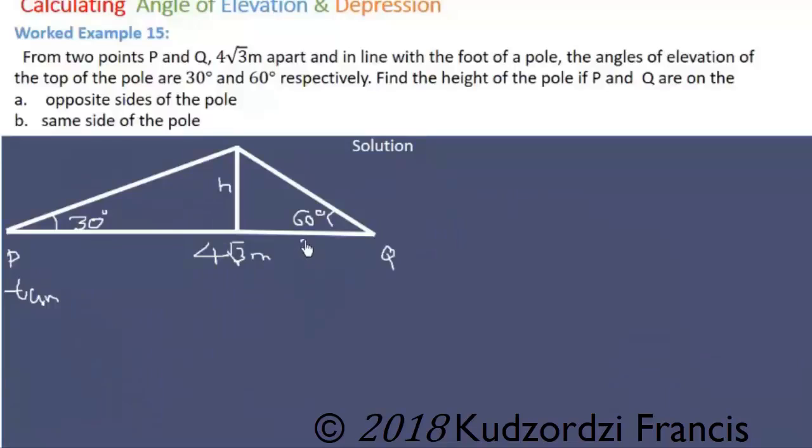So let this be x meters. Then from here to here will be 4 root 3 minus x. Then here to here is x. So we have tan 30 equal to h over 4 root 3 minus x.